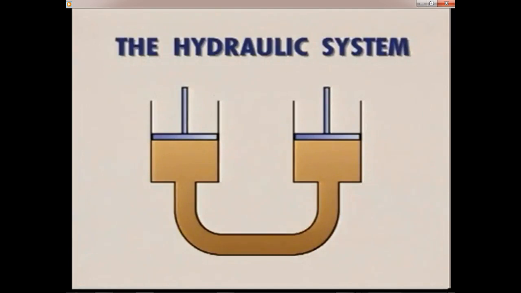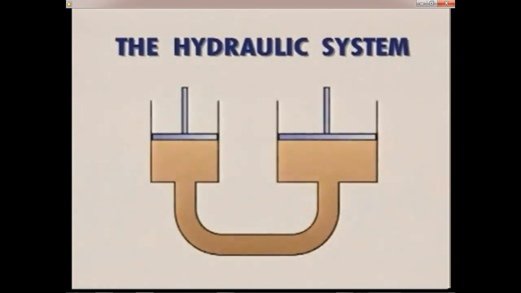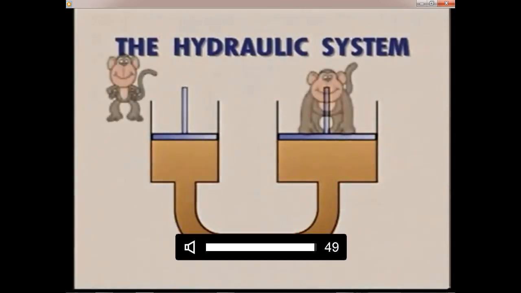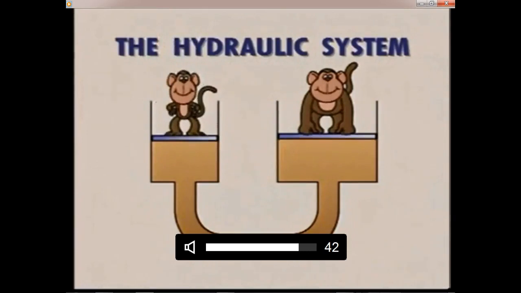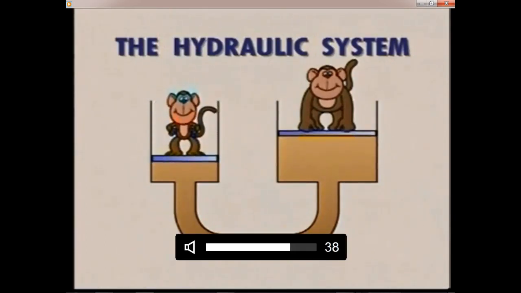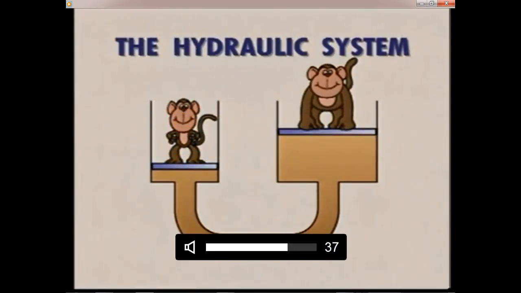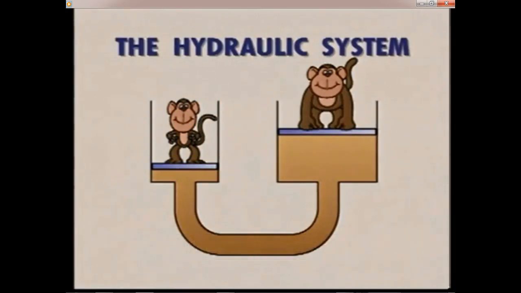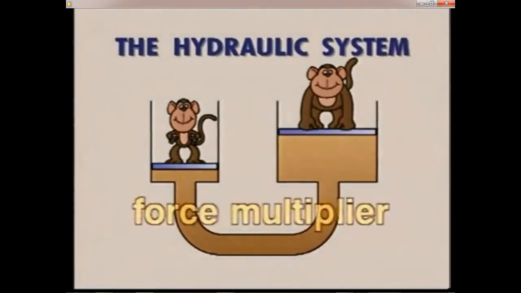It can be shown mathematically that if we make one of the two pistons much larger than the other, then the larger piston can raise a larger load. The hydraulic system can therefore be considered as a force multiplier.